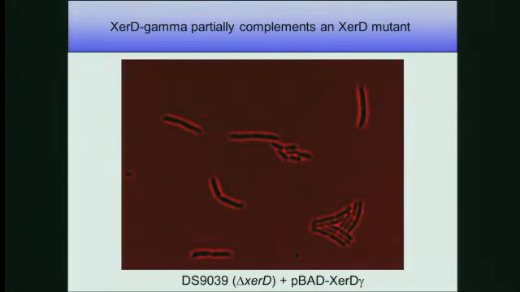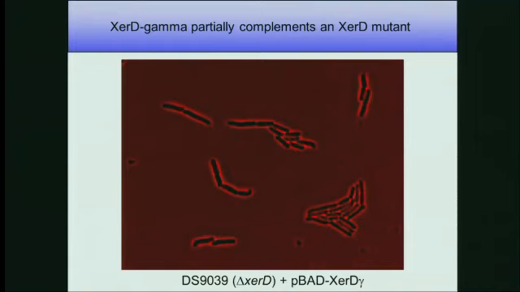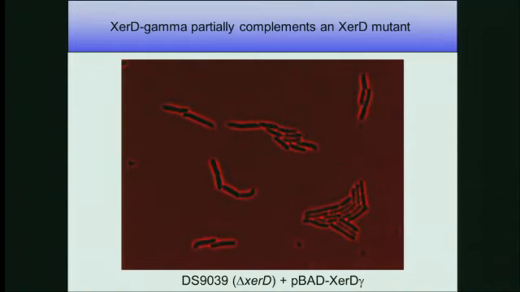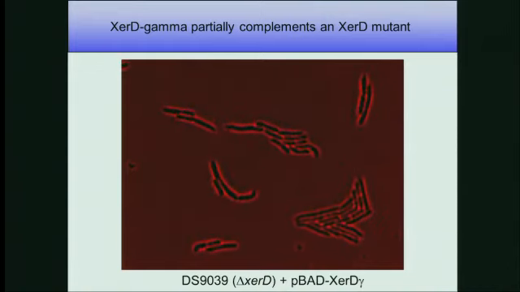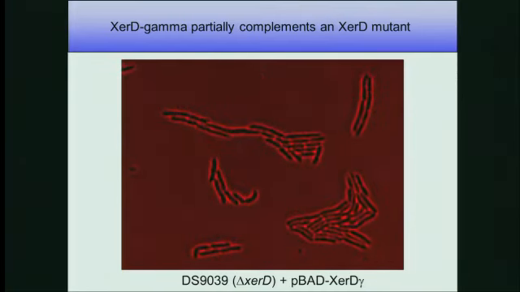And this is a time-lapse of these cells growing, and you see them elongating and dividing, and the vast majority of them look like normal happy E. coli cells. It seems to be running very slowly, I apologize for that.